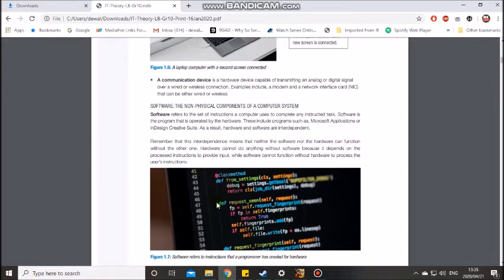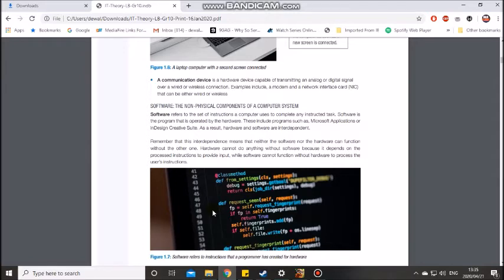Okay, then our software. They categorize it as the non-physical components of a computer system. Software is basically all the programs and instructions the computer uses to complete an instructed task.